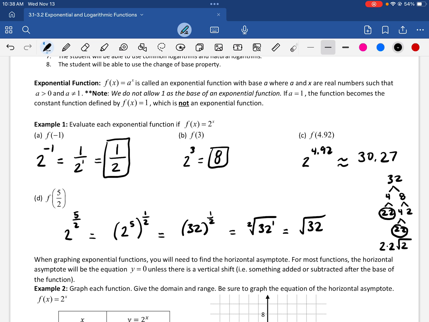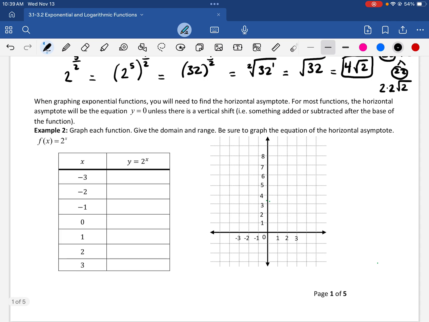And then we had a 2 at the end of a branch that did not get circled, so it would stay underneath. So this would end up giving us 4 square root of 2. All right, so that was just practicing evaluating different exponential functions using some of our exponent rules.